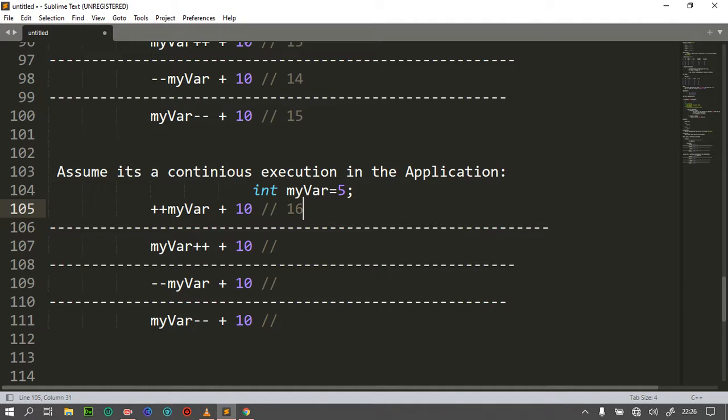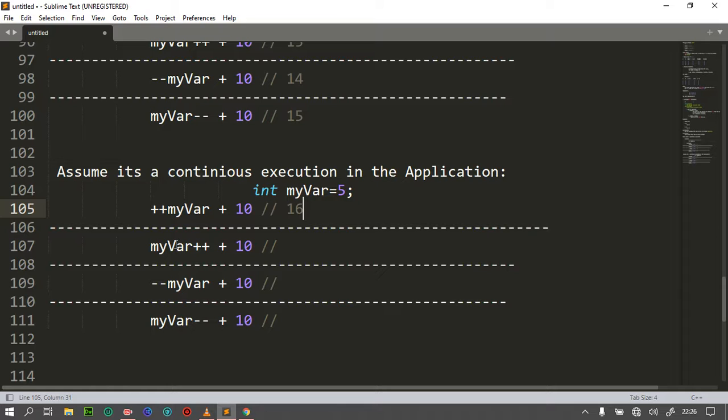Now once again, by the time we leave this line, that is line 105, then we enter here, it means myVar is 16. We're handling a continuous execution, so myVar will move with its previous value into the next line of execution, that is line 107. So here we have 16, which means we are going to use the 16 before we take the effect.